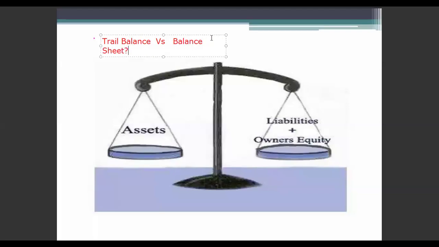Anybody know the difference between these two documents? You can unmute and tell. What is the difference between, I think I have made a mistake in the trial spelling. I'll rewrite.